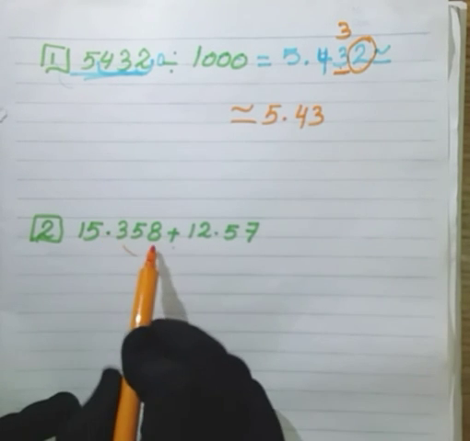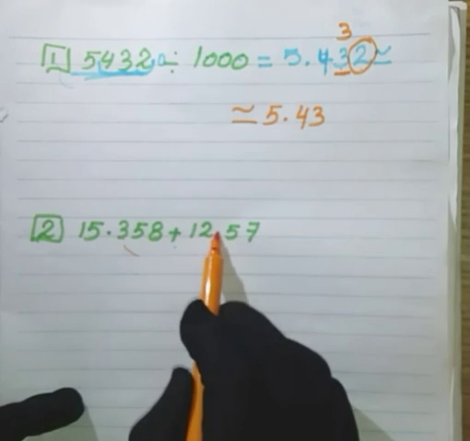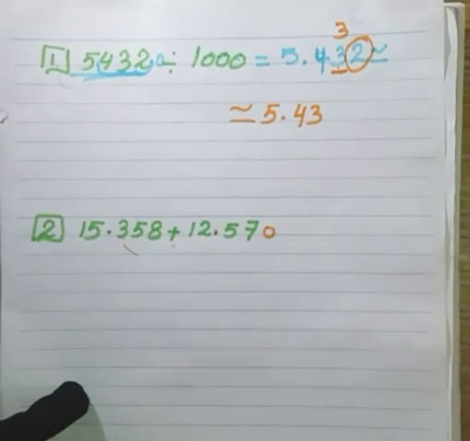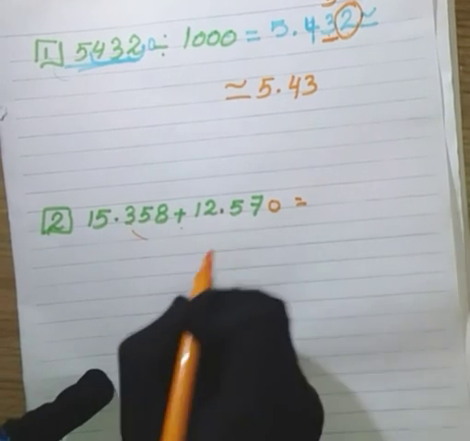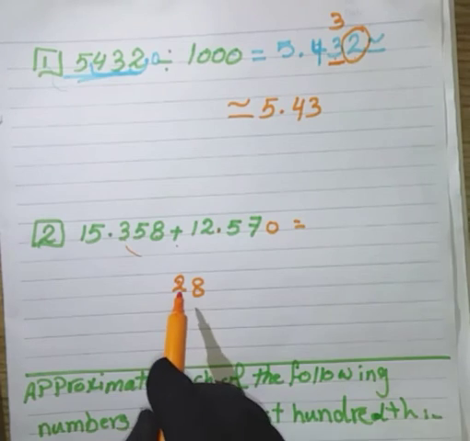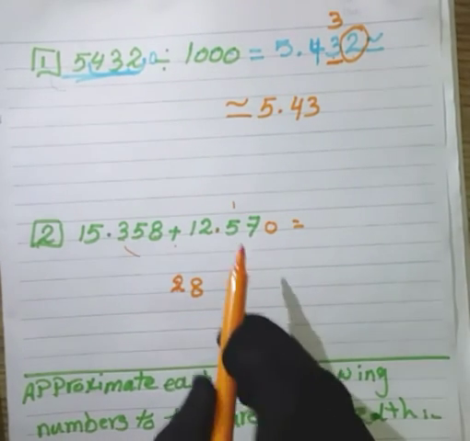After the decimal point in this number I have 3 places, here I have only 2 places, so I have to put 0. Then you do your operation. 0 plus 8 equals 8. 7 plus 5 equals 12, 2 and I carry 1 over the 5.